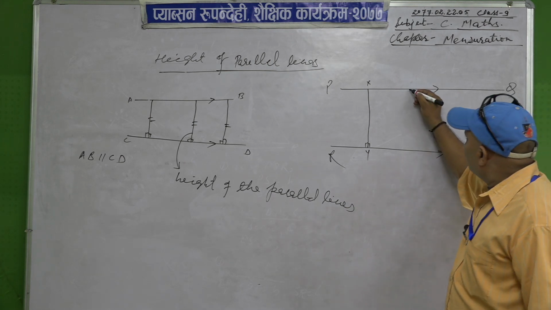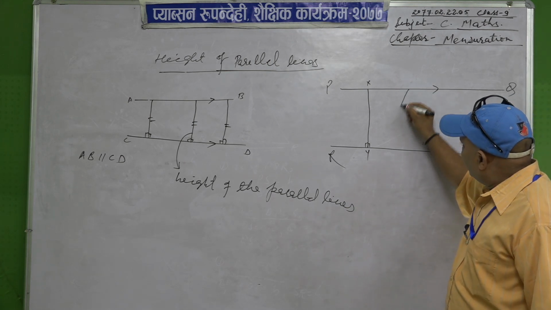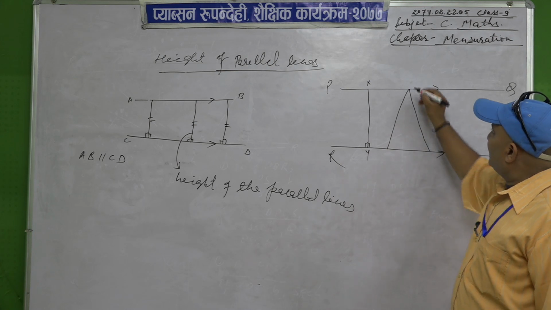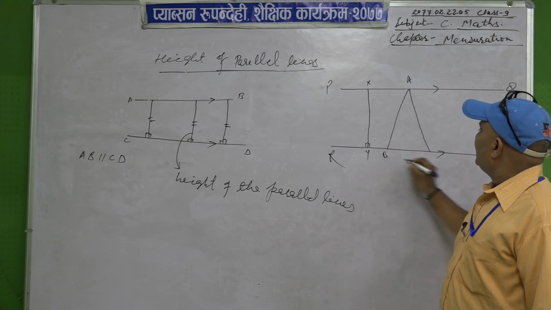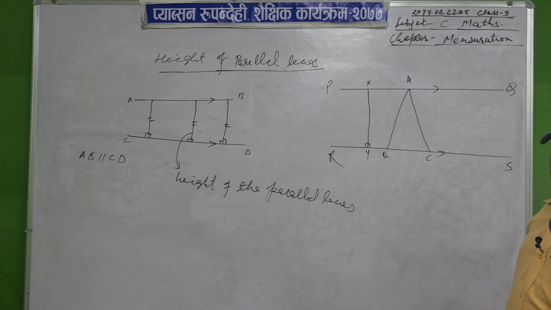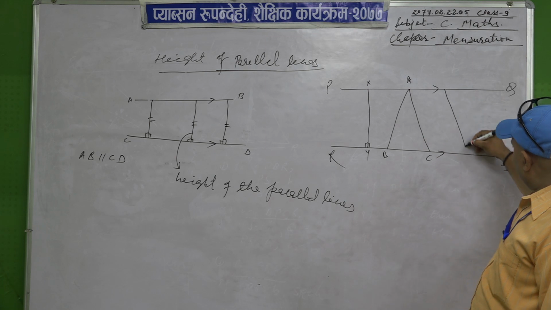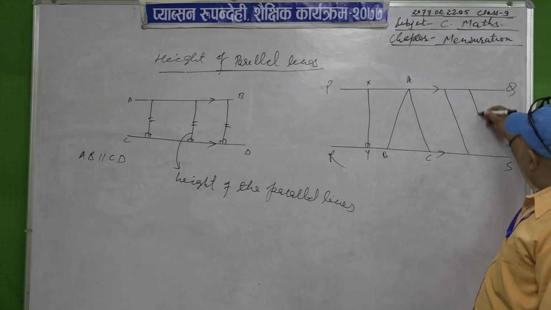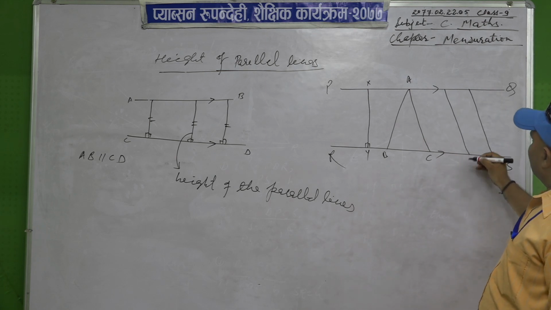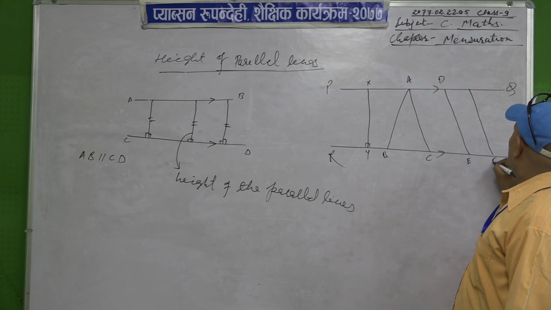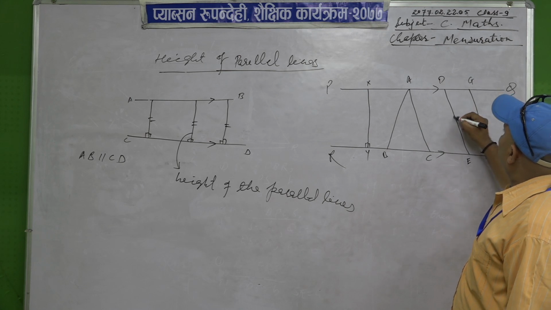Now, suppose in these parallel lines we have a triangle ABC. Suppose we have a parallelogram DEFG.